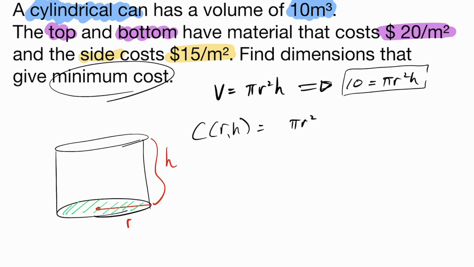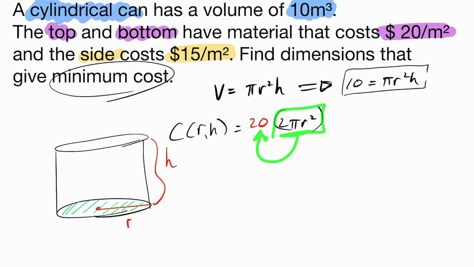And as you can see here, I have a bottom of this cylindrical can and a top. So it's going to be 2 pi r squared. That's going to represent the area of both the top and bottom. Because the cost associated with that is $20 per meter squared, I have to multiply this by 20. This is the amount of area in meters squared that I'm using up, and the cost associated per meter squared is 20. So multiplying that all, that's the cost of the top and bottom.